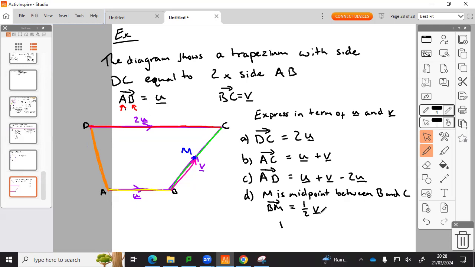One last one on this, D to M. My pathway would start at D. I'm traveling in the correct direction along the 2U, so it's positive 2U. To get to M, I'm going from C to M. I'm going against the grain of V. So it's minus half V. There's a lot going on in that.